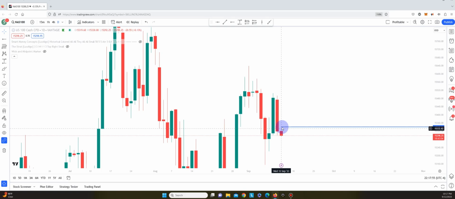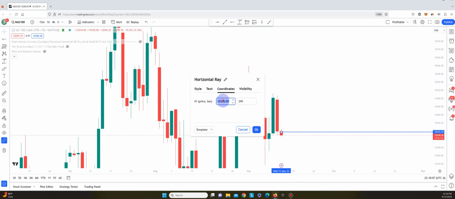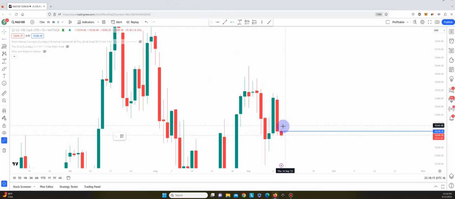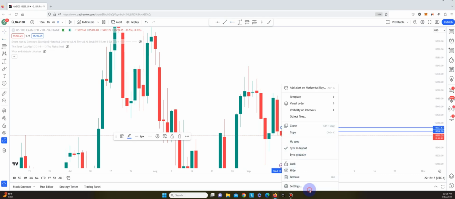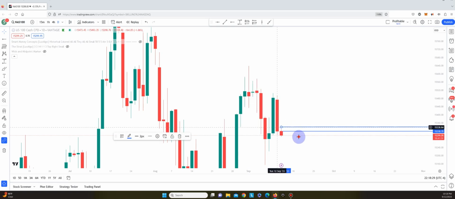So right now I have a trade to the downside at 15,318.70, and I have a stop loss at 15,330, I believe, and I think that would give me, no, 15,340. That would give me a risk of around $12 on this trade.